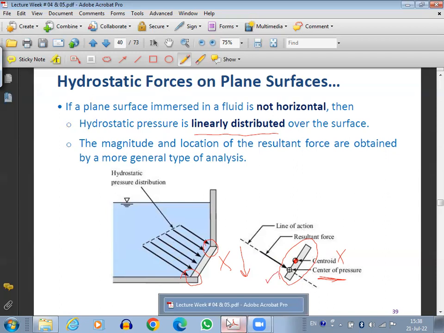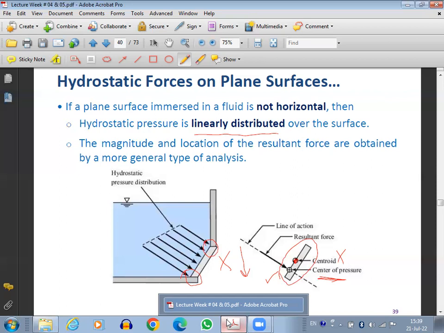Now there is one thing which is a bit confusing, but you should understand it. When we are calculating the magnitude of the force, we are going to use the centroid of that object. But once we calculate the magnitude of the force, this force will not be acting on the centroid. It will be acting on the center of pressure. So let me repeat again.